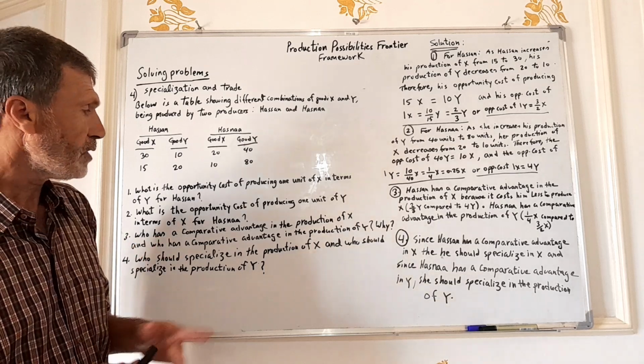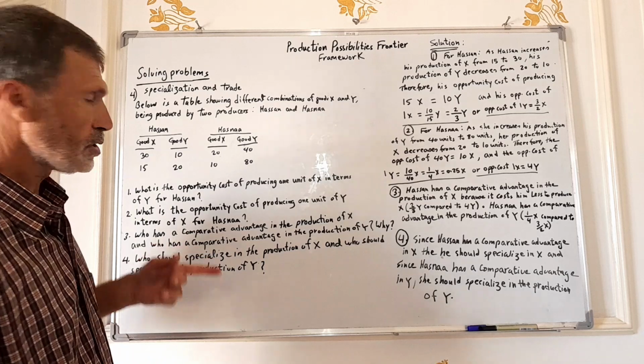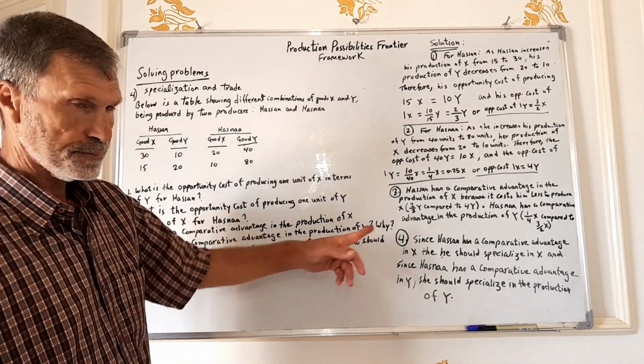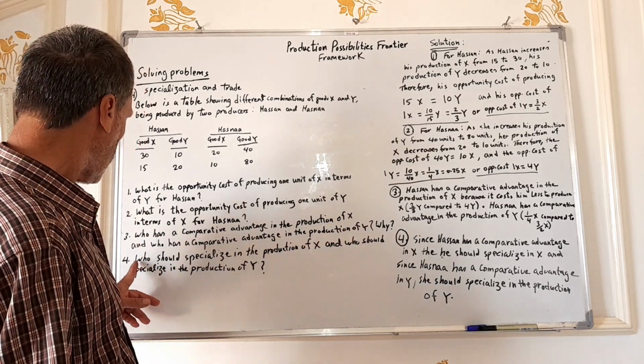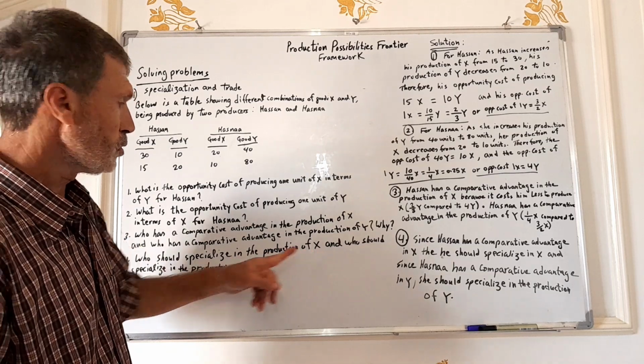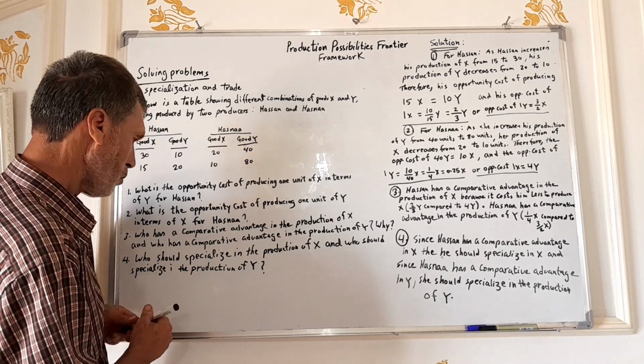Who has a comparative advantage in the production of X and who has a comparative advantage in the production of Y? 4. Who should specialize in the production of X and who should specialize in the production of Y?